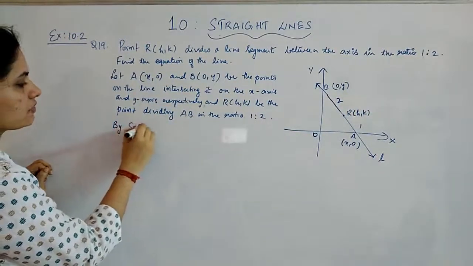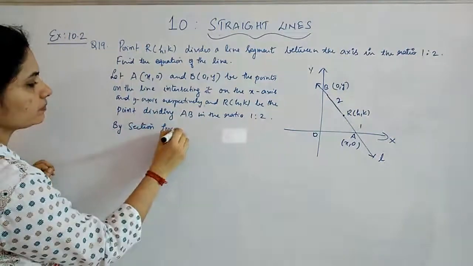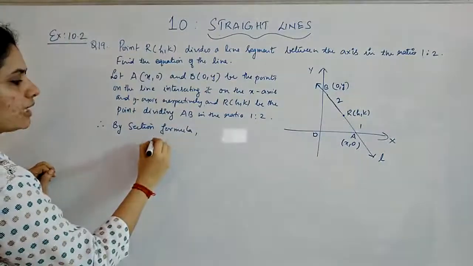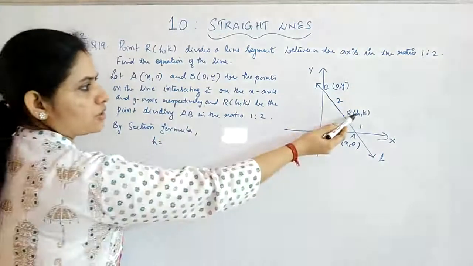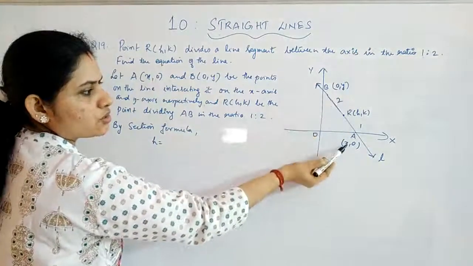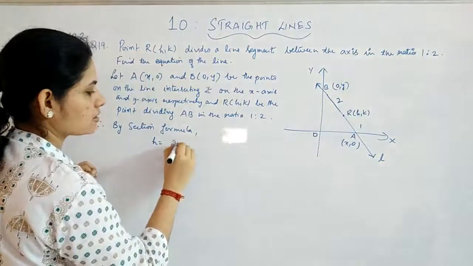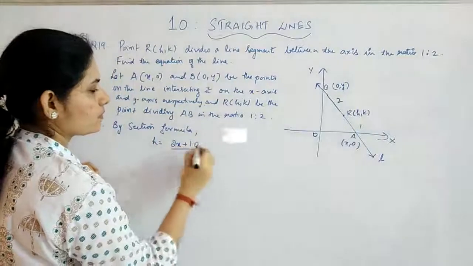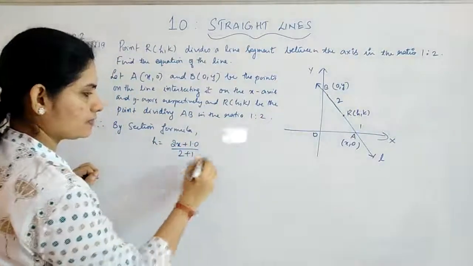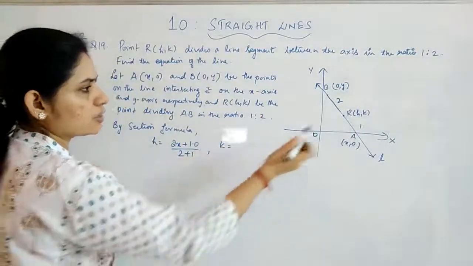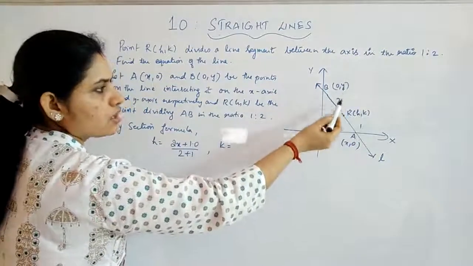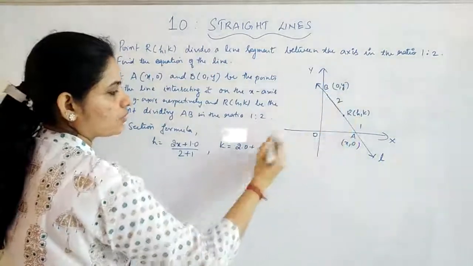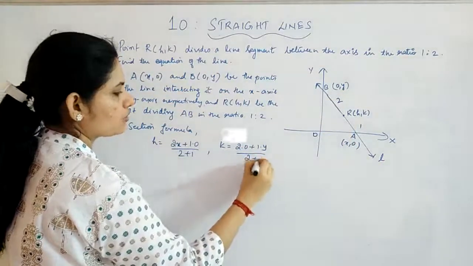By the section formula, h, the first coordinate, will be (2 into x plus 1 into 0) divided by (2 plus 1), and k, that is the second coordinate, will be equal to (2 into 0 plus 1 into y) by (2 plus 1).